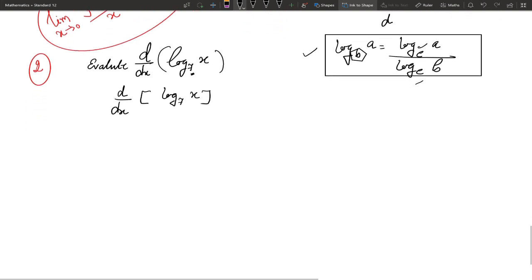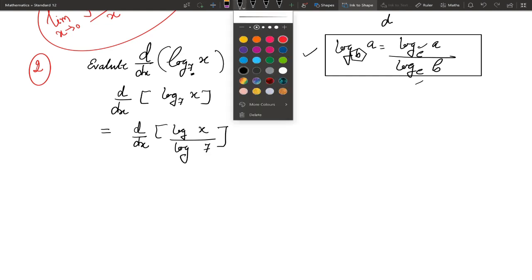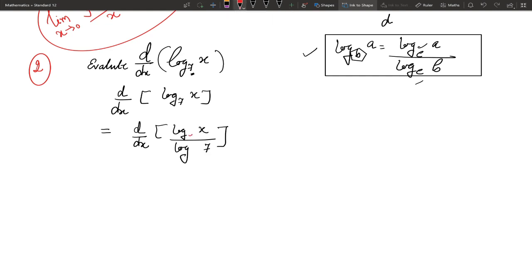First let us change the base. So this is d by dx of log x upon log 7 to the base e. You can observe we have changed the base using this formula.